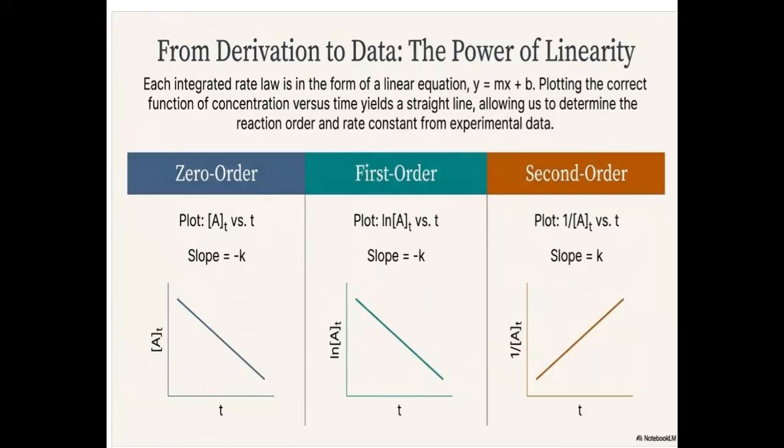You have something else that is called half-lives. We'll look at that in a little bit. And then the units for the value of K for each one of those orders. And that's what I've been saying: if you know what the units are for K, you pretty much know what the order of the reaction will be.